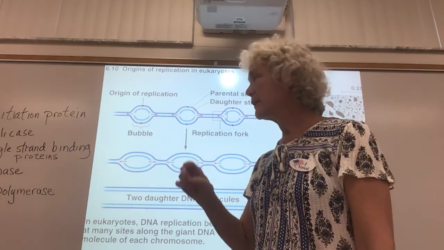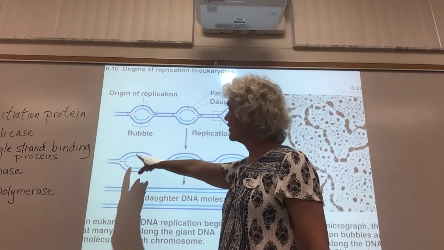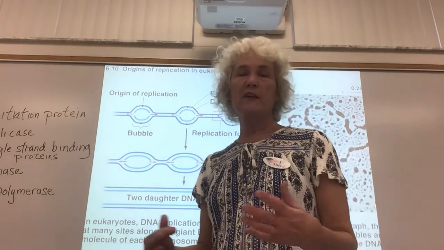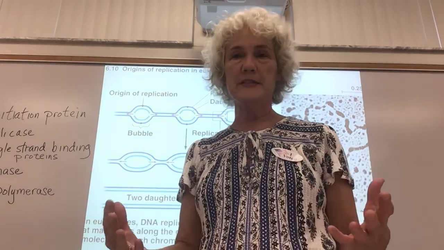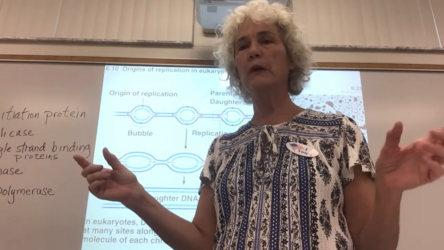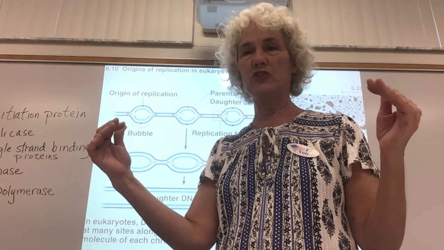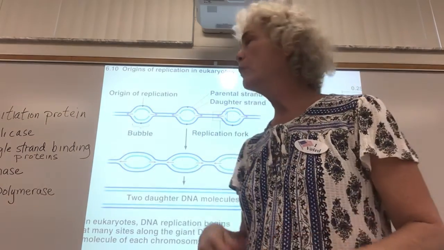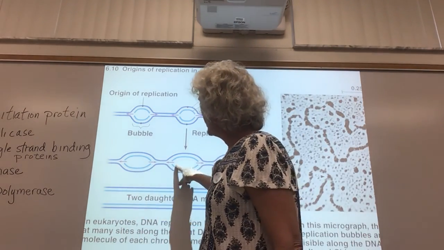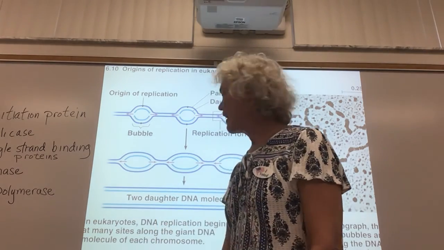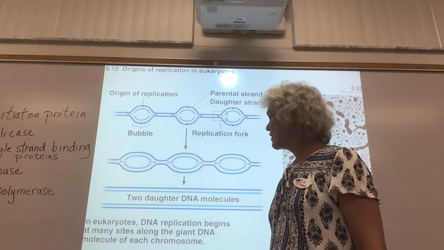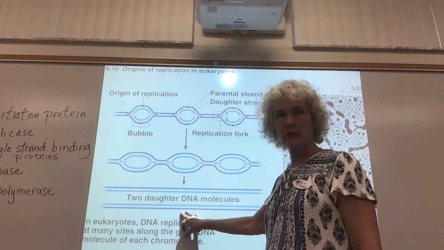What actually happens is it starts in various places along the DNA molecule, say for example 100 places. And each of those is called a replication bubble. Each bubble will proceed in the replication and eventually meet up with the adjoining bubble. So this bubble, as it goes, will meet up with this one. And as we get all done, we're going to end up with two daughter molecules there. Okay?